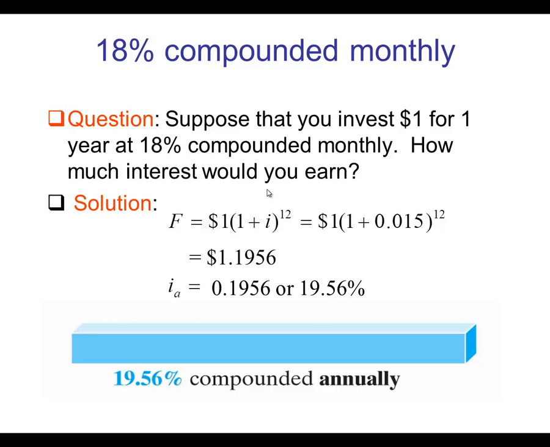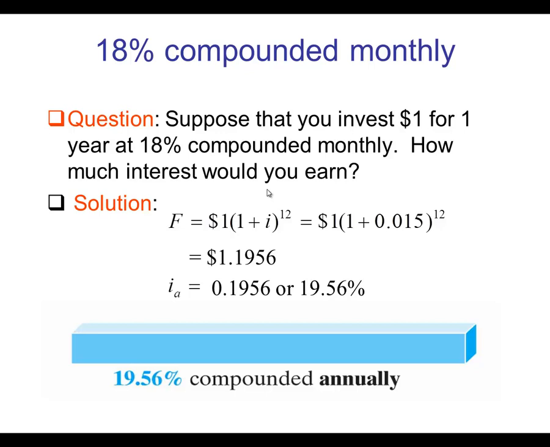Now looking at the interest, you can see that the interest rate over the year, over a 12 month period, is equal to 19.56%. So it's not 18. And that is what we call the effective interest rate.